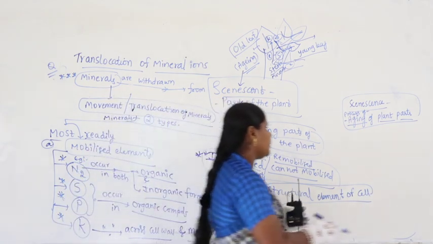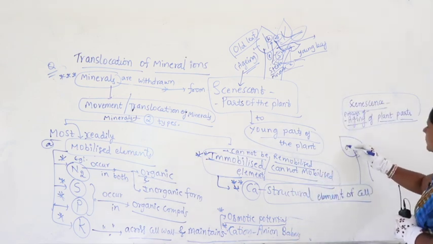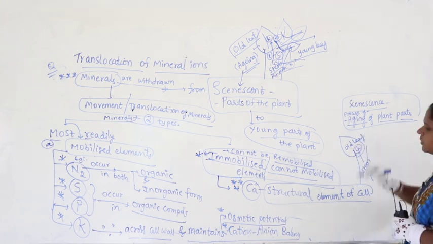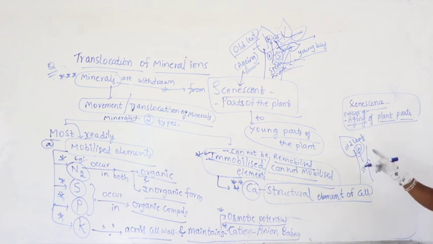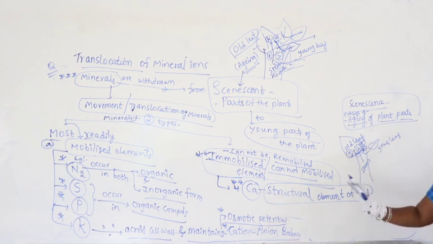For example, in the plant, let us take the old leaf from the stem. The old leaf has taken calcium, right. So, when it becomes an older leaf, the remaining minerals, potassium will go to the younger leaf, this is a young leaf, okay. Nitrogen will go to the young leaf, phosphorus will go to the young leaf, but coming to calcium, calcium will say no, I will not move.